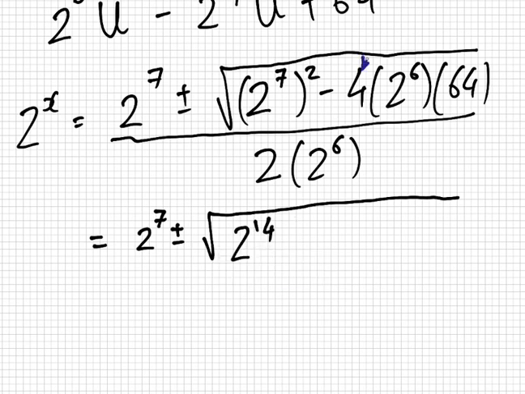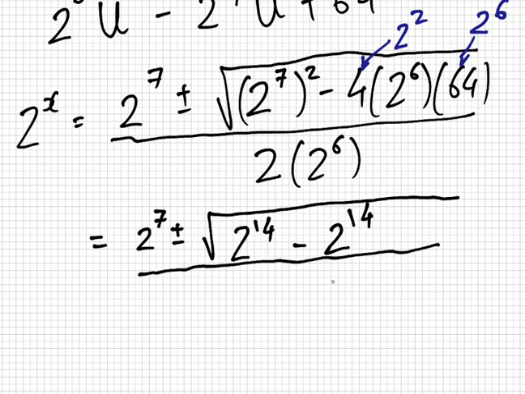This here is 2 squared, and then this one here, what's it? 2, 4, 8, 16, 2 power 6, is it? No, but 64 is 2 power 6, isn't it? Yeah. So it'll be 2 power 14 minus 2 power 14. So it looks like it's the same as what happened last time, over 2 power 7.